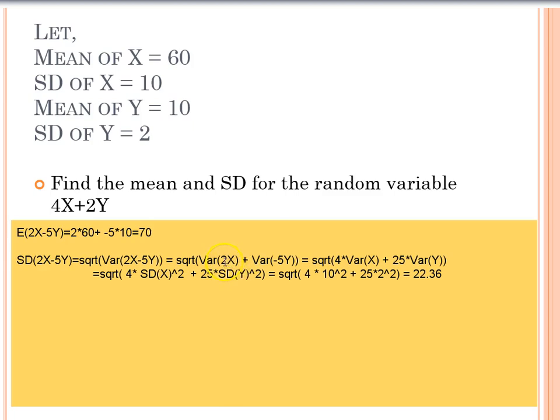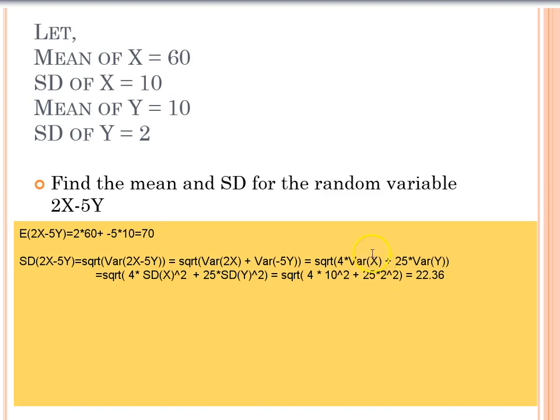So when we separate out those constants, keeping the negative term by itself, we can use our multiplication rule for the variance operator. And that rule is that when you bring the constant out of the variance operator, it gets squared. So 2 is getting squared to 4, negative 5 is getting squared to positive 25. And that's why when we deal with negative terms of linear combinations, those variances get added.